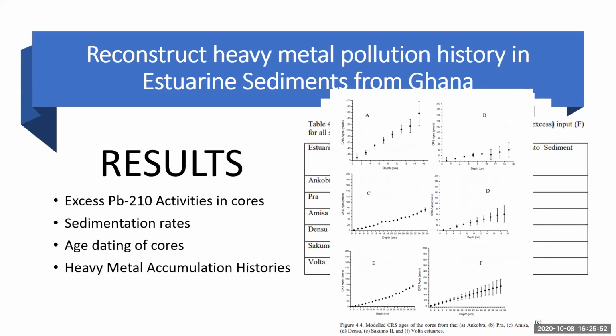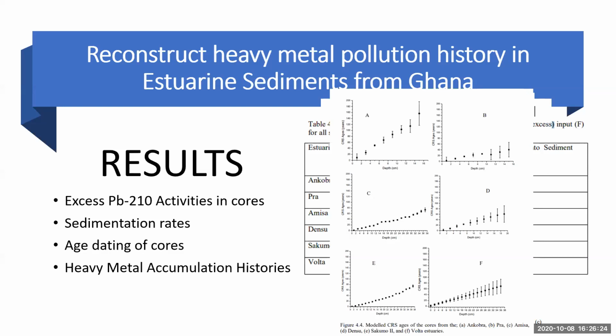So when you take the core from Ankobra, for example, we're able to date it for up to about 140 years. With the lead-210 dating method, you can date up to 200 years because of its half-life. So we're able to date up to about 140 years for the Ankobra estuary. For the Pra, we were able to go as far as up to about 60 years.